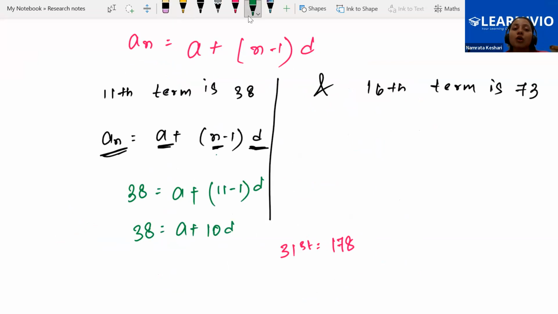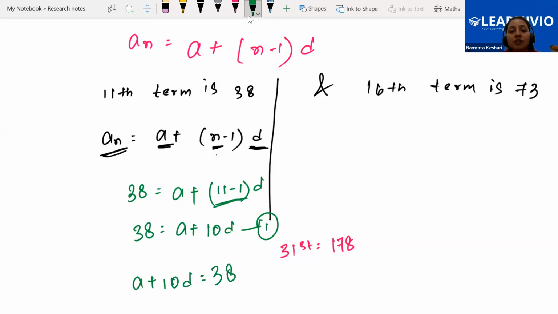Always we will follow BODMAS while simplifying. BODMAS says solve the bracket first. Then this is our equation number 1. You can also write equation 1 as a plus 10d is equal to 38.